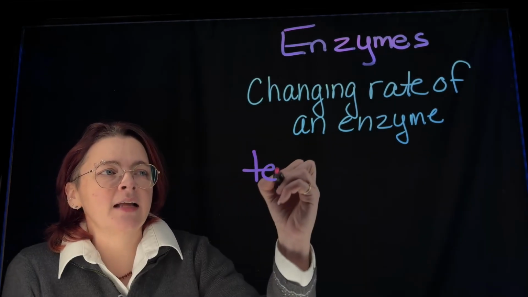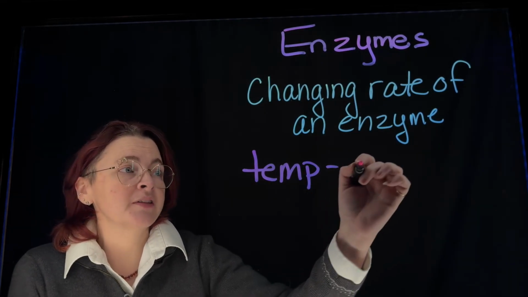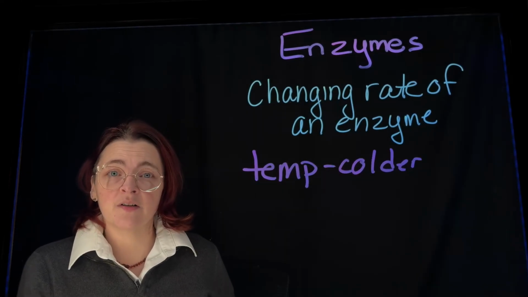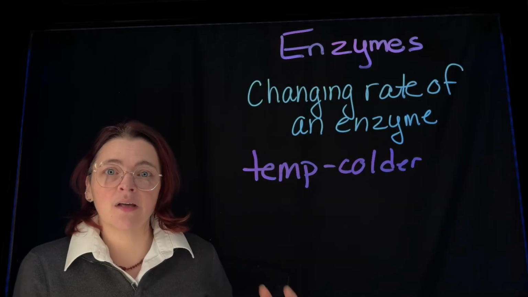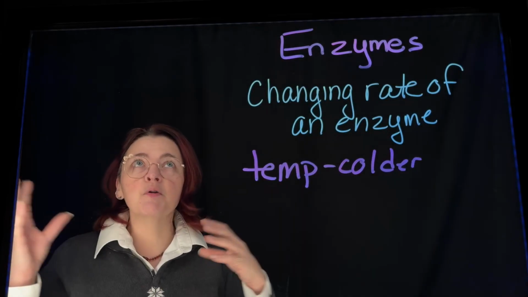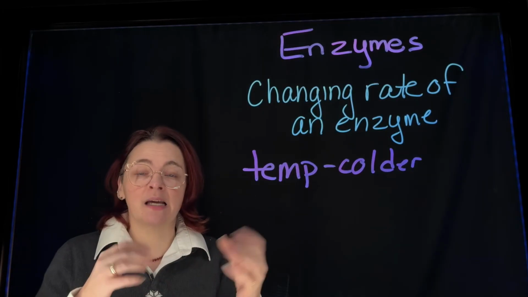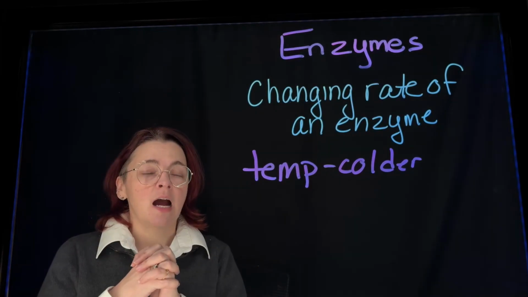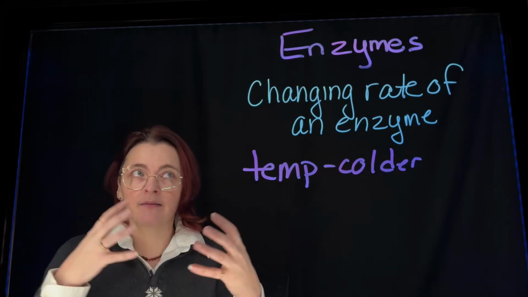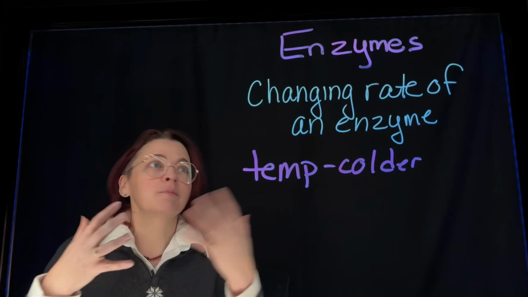First, let's take a look at temperature. When you have colder temperatures, the molecules slow down their movement, so there's going to be less movement of the molecules, less bumping of the molecules, because essentially the way an enzyme works is it bumps into the substrate, and the substrate and enzyme do chemistry and therefore do the work.